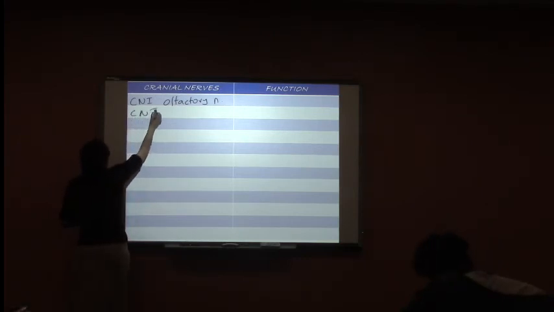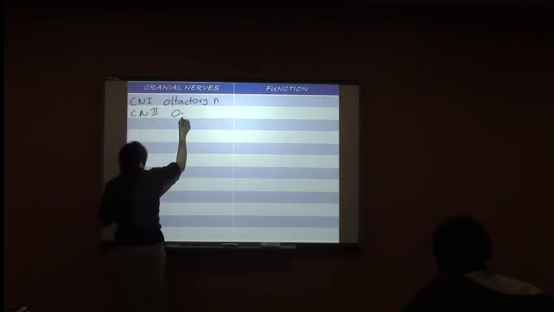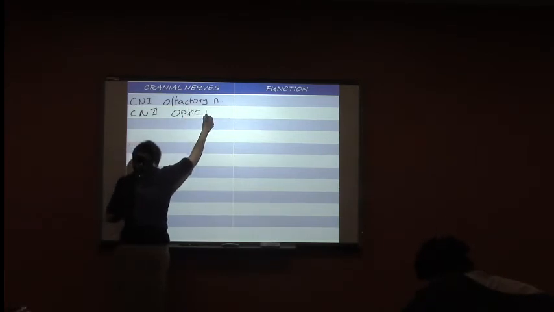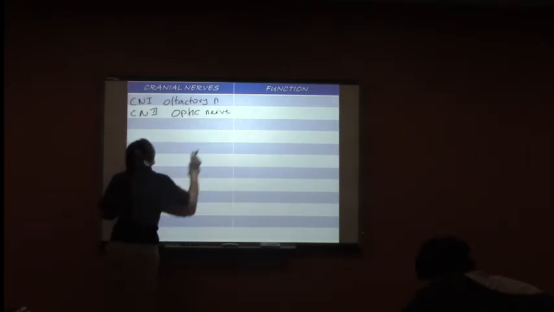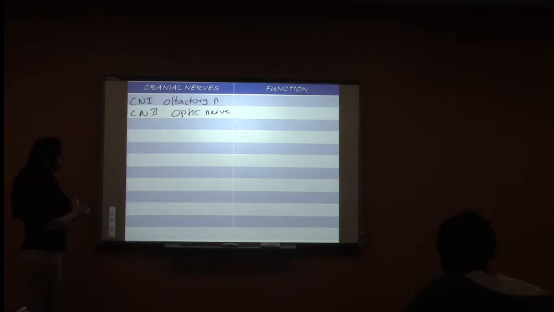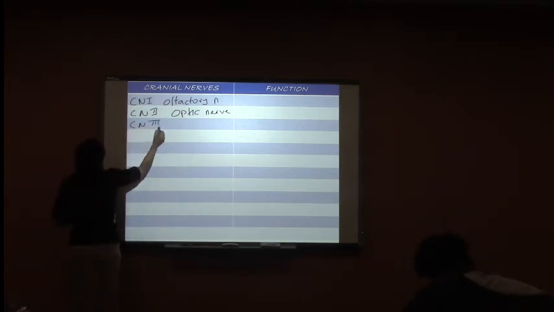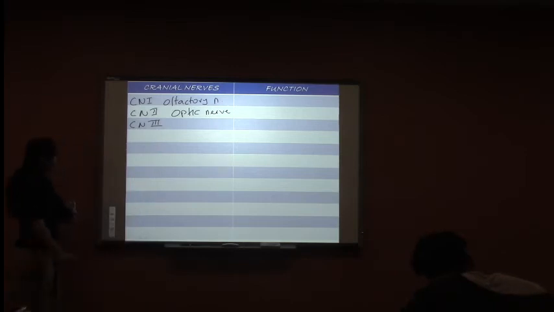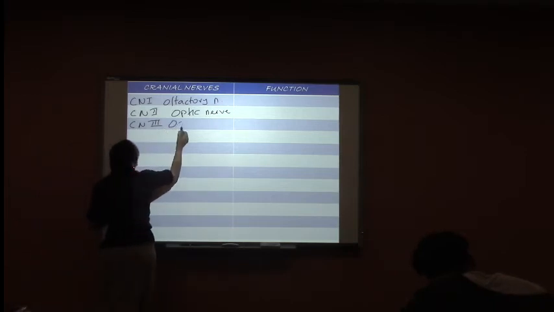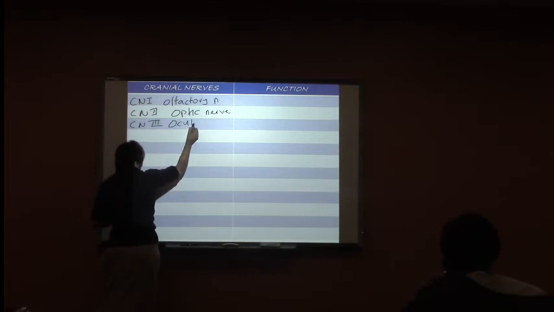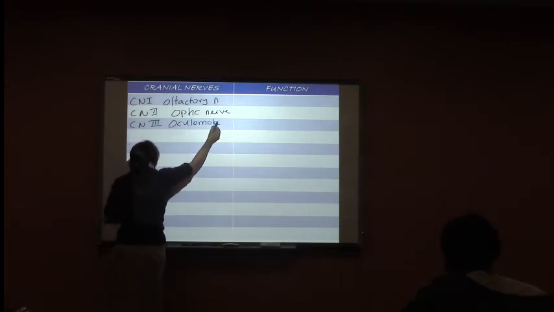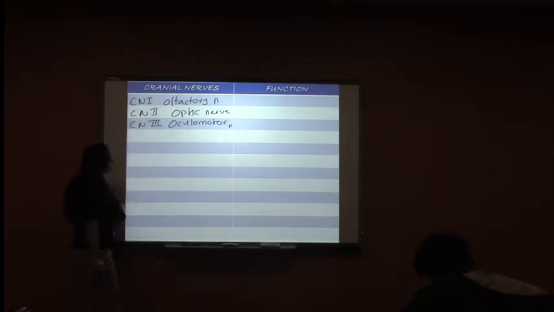Cranial nerve 2 called optic nerve. Cranial nerve 3 called oculomotor nerve.